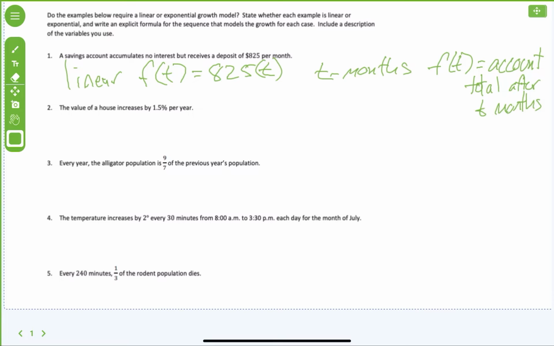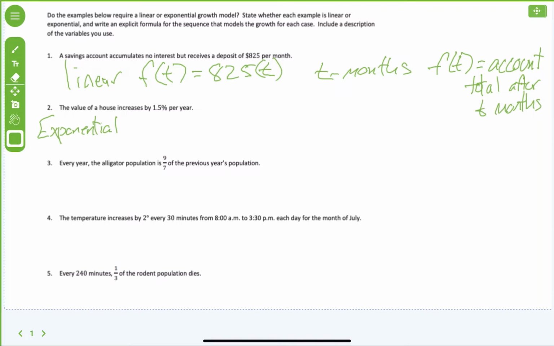The value of a house increases by 1.5% per year. Is that going to be linear or exponential? This is going to be exponential. The reason why is because the value is going to increase depending on how much the house was worth the year before.